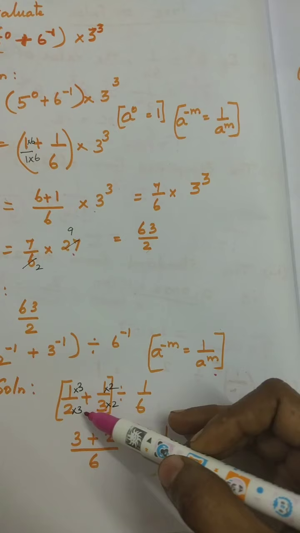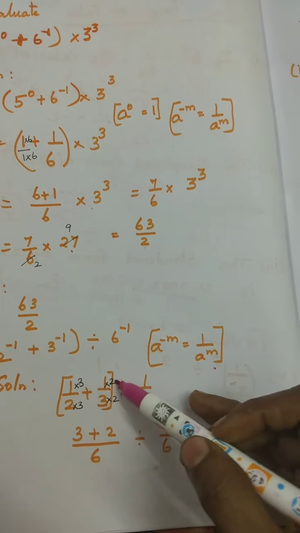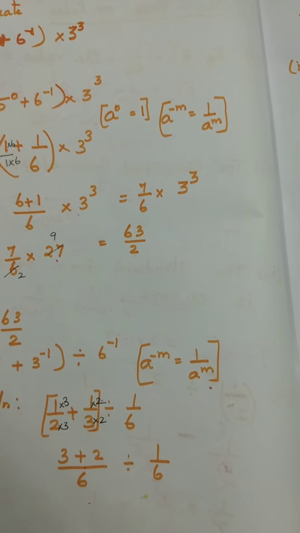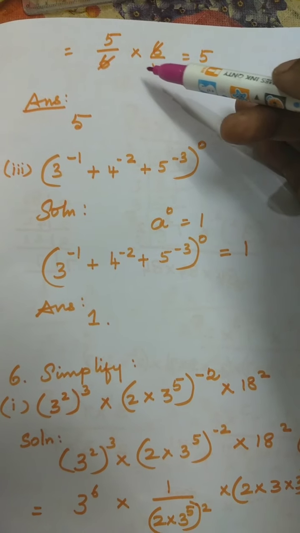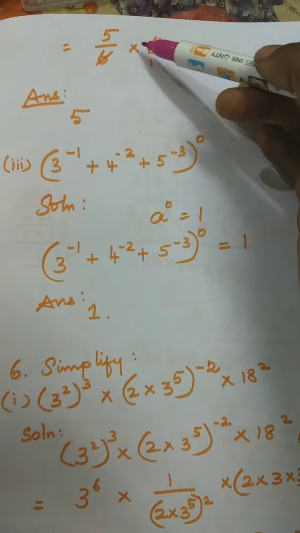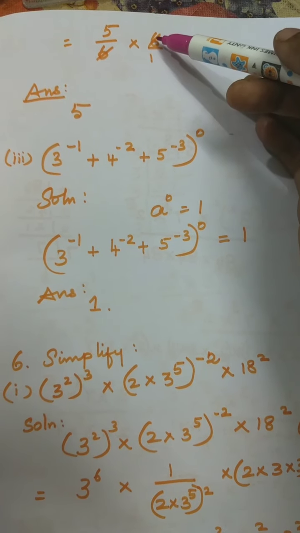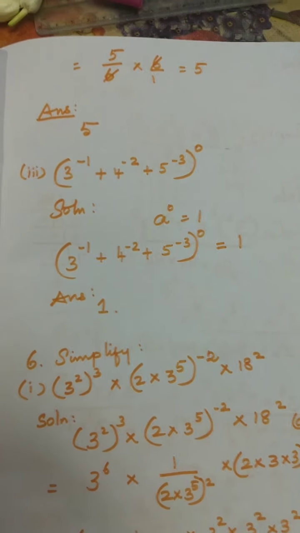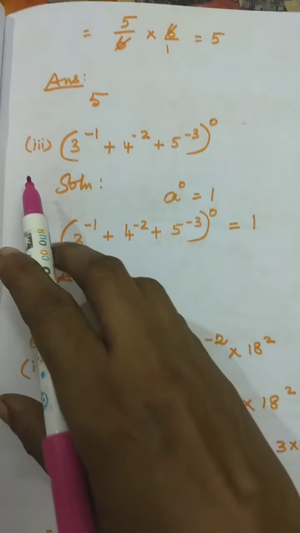So you have to multiply these 2 by 3 and these 2 by 2. So 3 plus 2 by 6 divided by 1 by 6. That is 5 by 6 into 6 by 1. You have to change the division symbol to multiplication, and for that you have to take the reciprocal of the next number. So now 6 gets cancelled and it is equal to 5. The answer is 5.